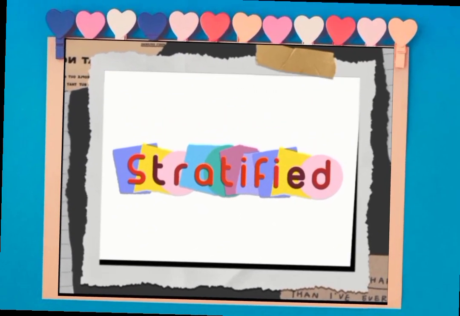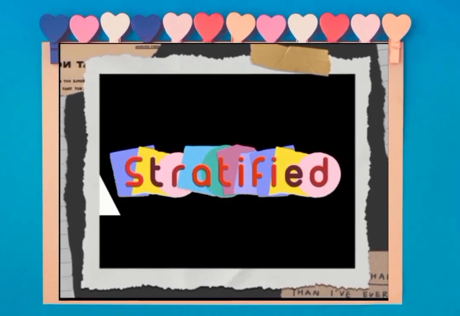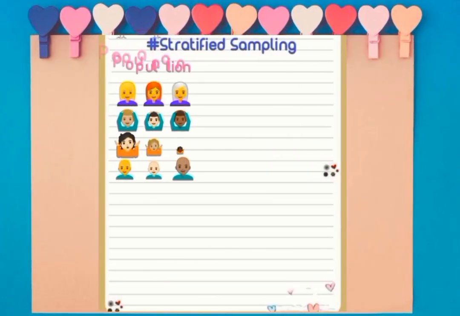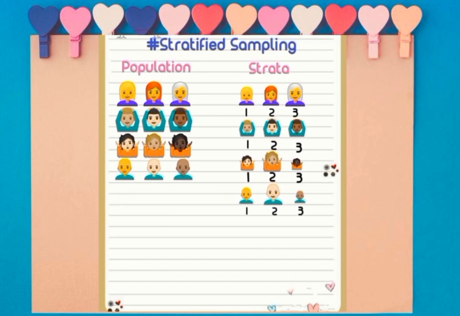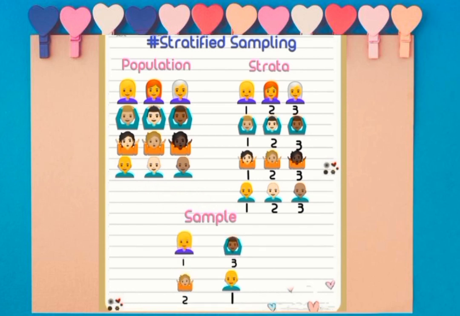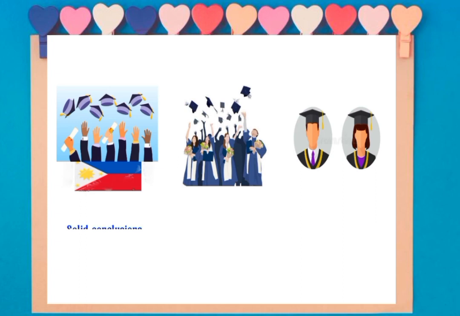Stratified sampling. Stratified sampling is a great way to make sure you have a representative sample of the population. This makes it possible to draw more solid conclusions by including everyone. It requires the population to be divided into smaller groups called strata. For example, the population that you are interested in is Philippine college graduates.